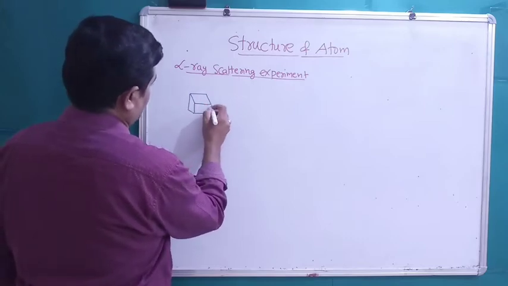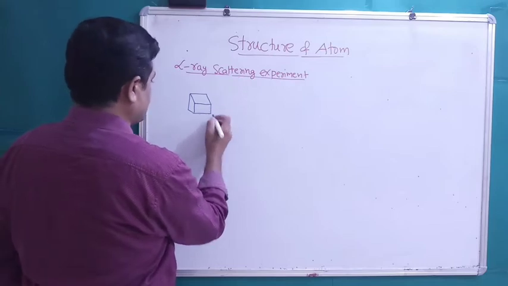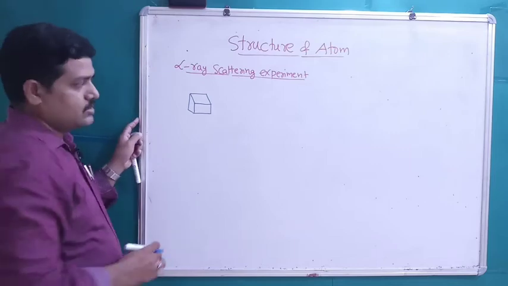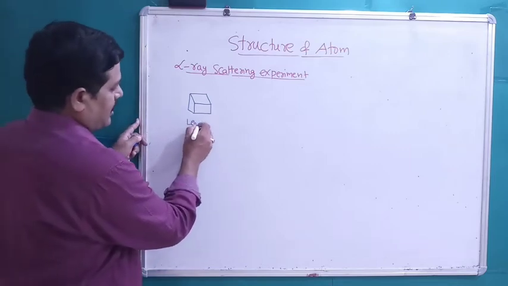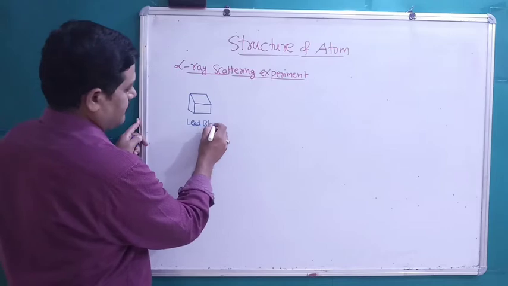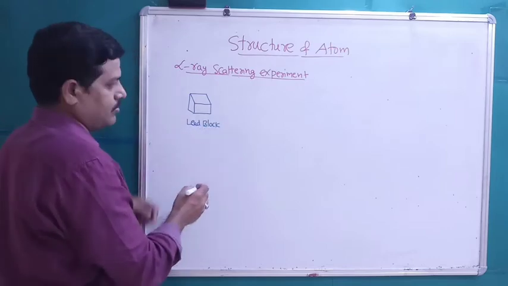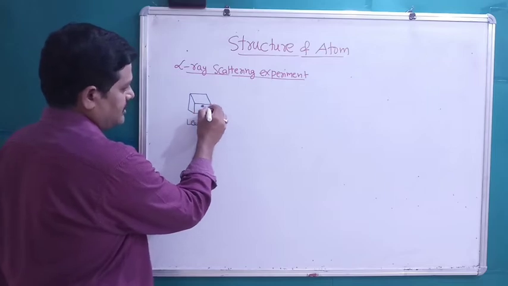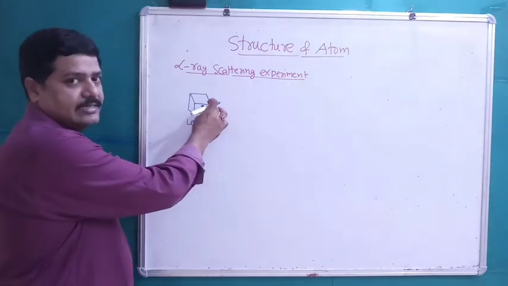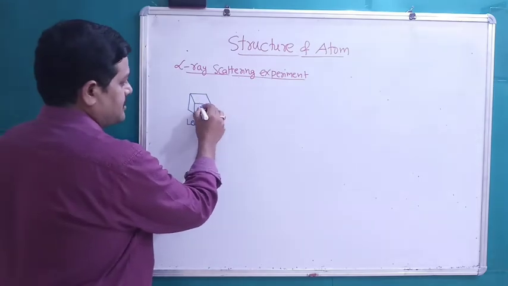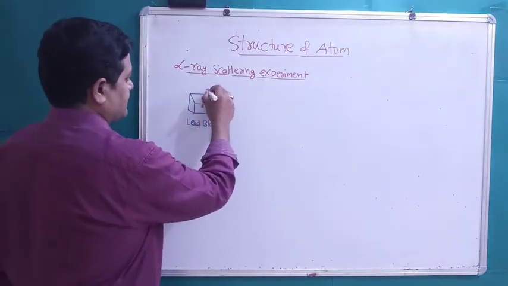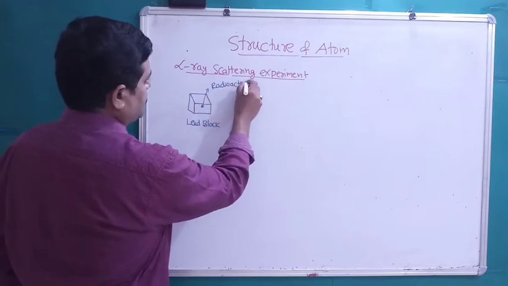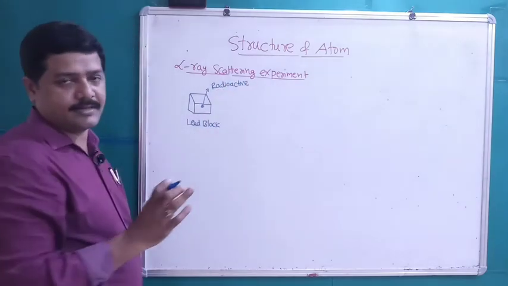A general property of alpha rays is that they can penetrate through thin sheets of metal. So he took a lead block, Pb block, and a bore hole is drilled in the block from this side, and he placed a radioactive substance which can emit only alpha particles.